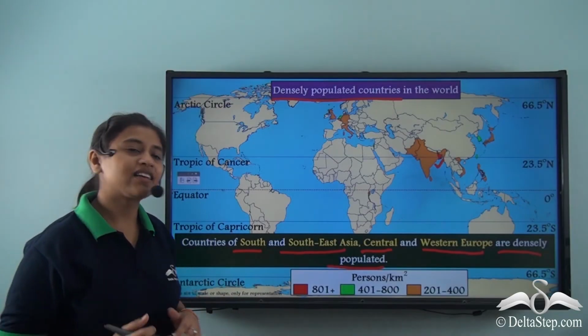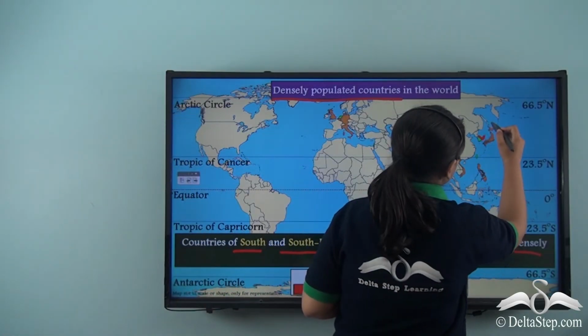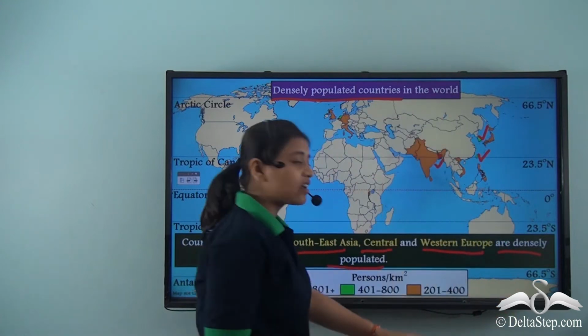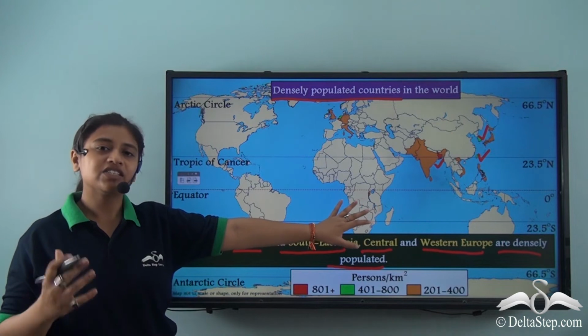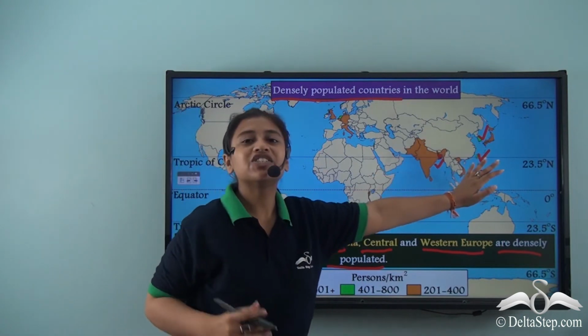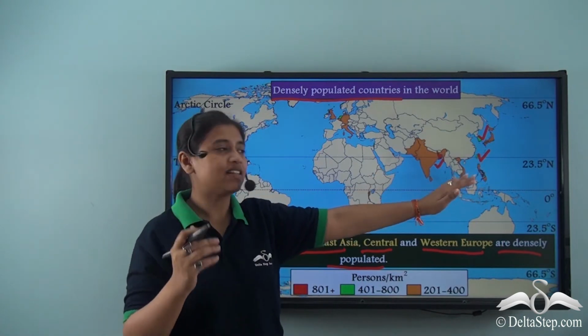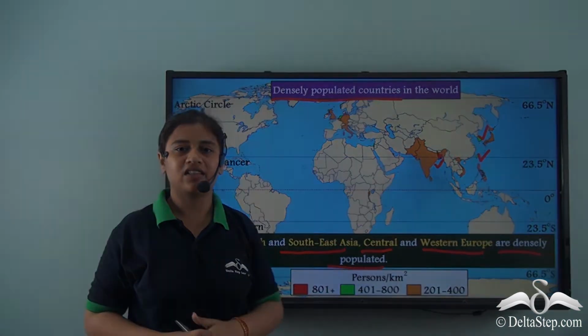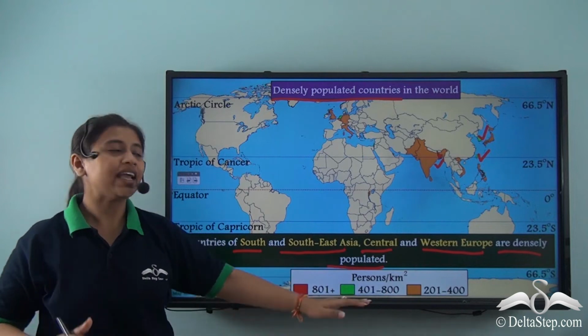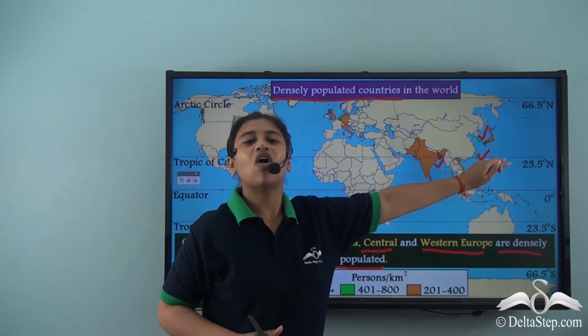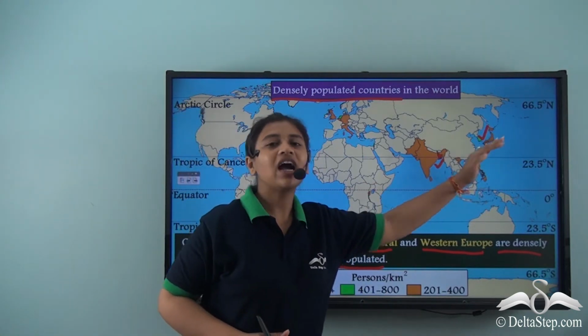Now we see that countries like South Korea and Taiwan are also densely populated, but here the density of population is comparatively lesser than that of countries like Bangladesh. So around 400 to 800 people are living in per unit area of land in South Korea and Taiwan.